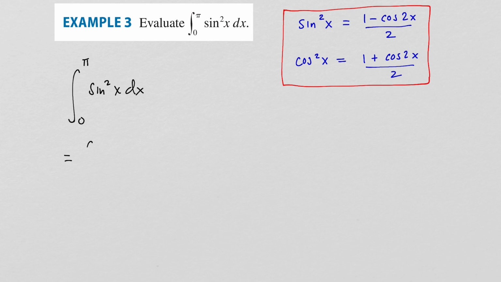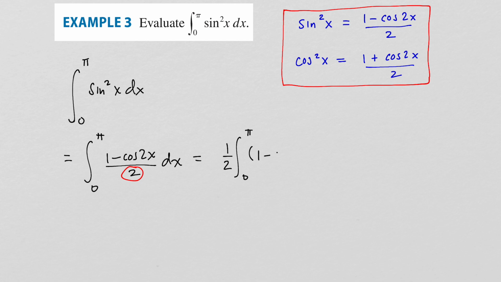So if we do that, we get the integral from 0 to pi of 1 minus cosine of 2x divided by 2 dx. Now it's worth mentioning that the 2 here you can factor out of the integral. Now when you pull it out of the integral, it is in the denominator, so it comes out as a 1/2. And then we have 1 minus cosine of 2x dx.